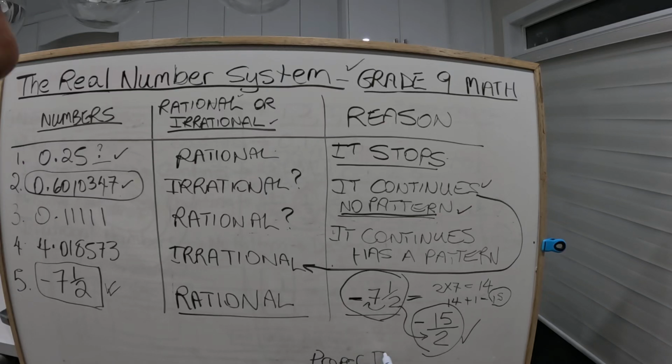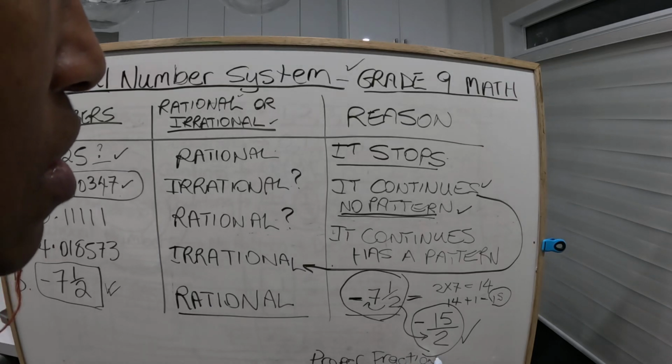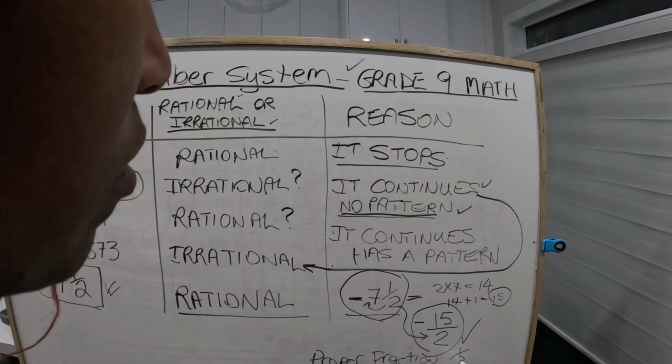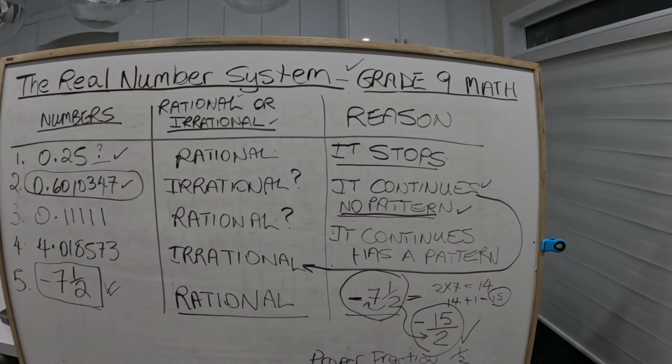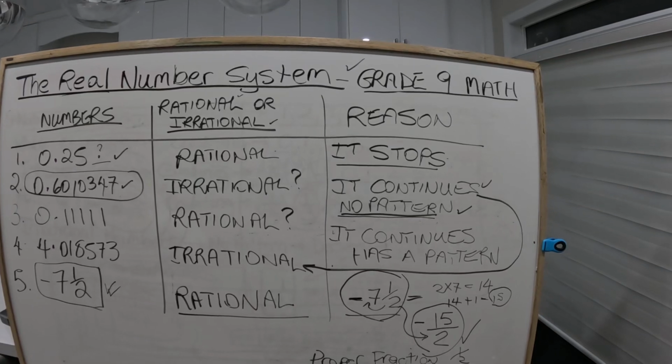Proper fraction would be just a half. Something like that. So anything where the denominator is bigger than the numerator will be called a regular or proper fraction. I hope you can see that.